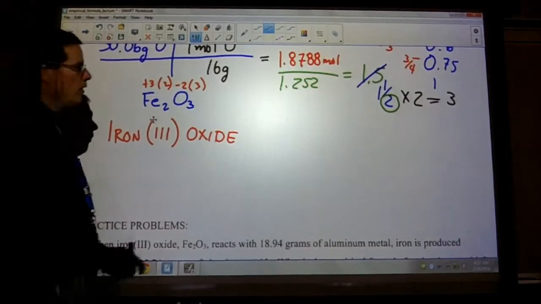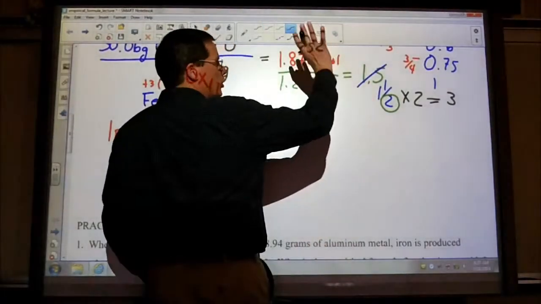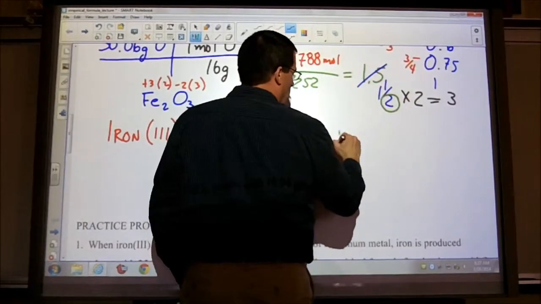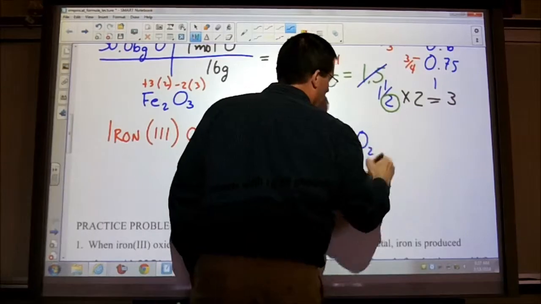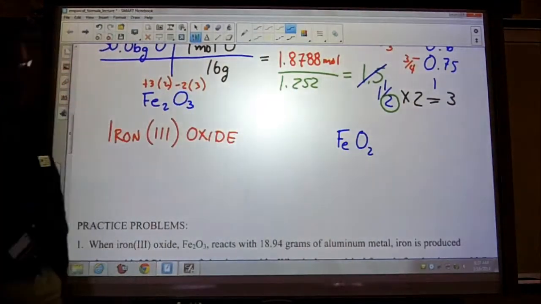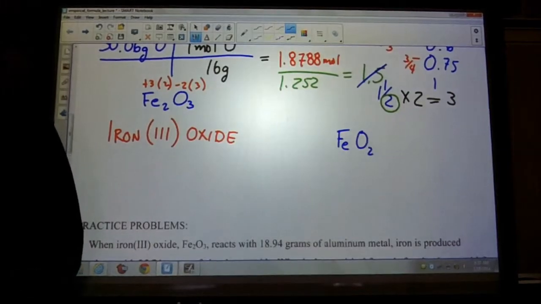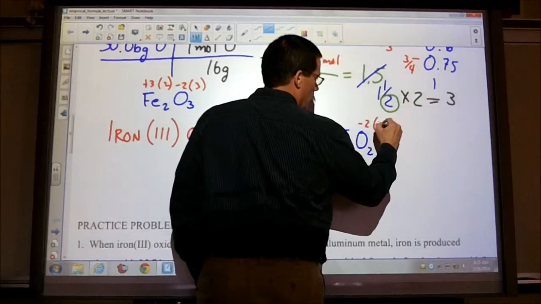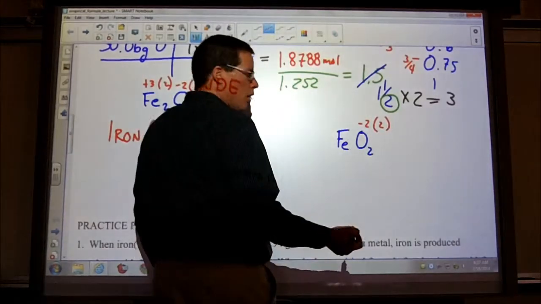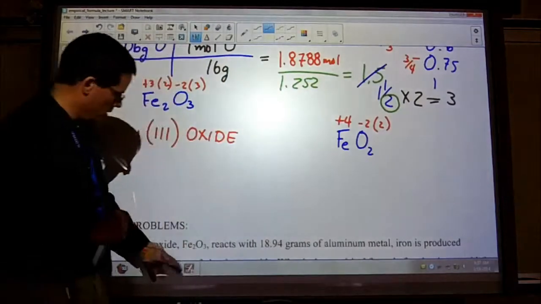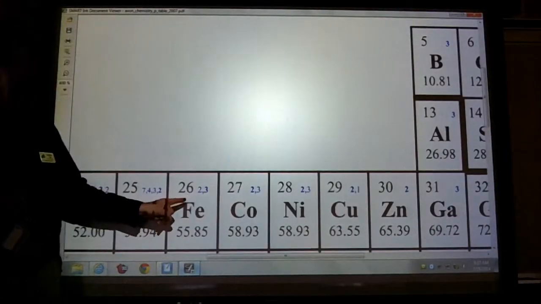Now, if we would have done something like, okay, well, I'm just going to round that to make that a 2 and leave that as a 1, and say you had this, ooh. I don't know what that is, because if I were to balance this out, oxygen would have a -2 charge, and then iron, in this case, would have a +4 charge. Iron doesn't have a +4 charge.